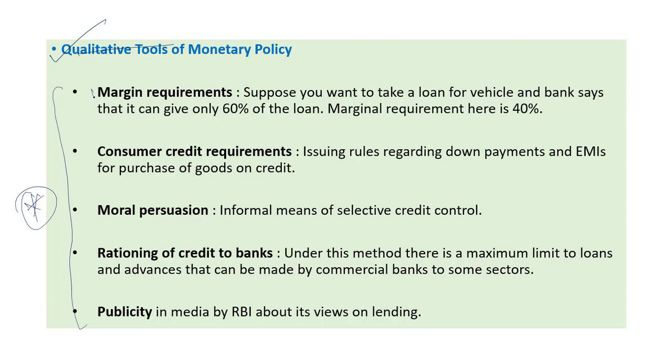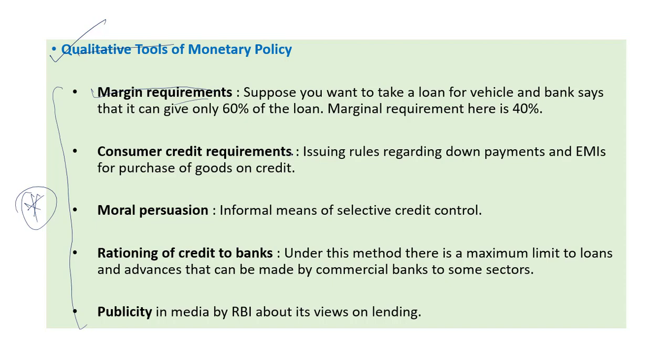Look for these bold margin requirements. What are margin requirements? Let's understand with an example. Suppose you want to take a loan for a vehicle. Suppose you want to buy a car and want to take a loan, and the bank says that it can only give 60% of the loan. So 40% of the amount of the vehicle you have to put from your pocket.